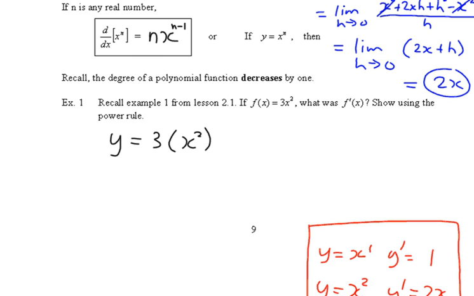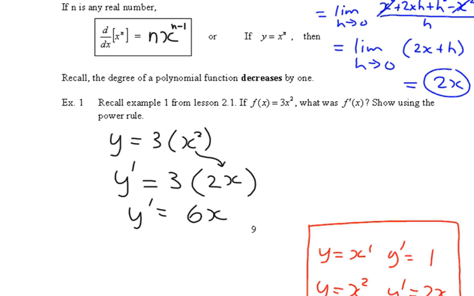If you write it like this, you'll understand what I'm doing. Y prime, our derivative, will be 3 times the derivative of x squared. We already said that one is 2x. So y prime equals 6x.